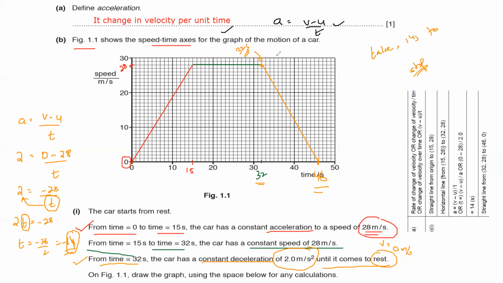So after 32 seconds, this car, which was moving with a speed of 28 meters per second, will take 14 extra seconds to stop. So 32 plus 14 extra seconds. So at which moment or time interval will it stop completely? It will stop completely at 46 seconds. That's why we draw a line at 46 seconds where the speed is 0. Is it clear?